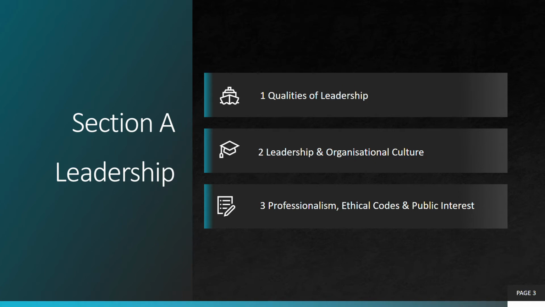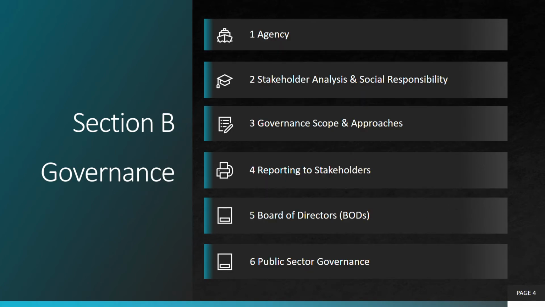Next, section B, governance. Without strong governance, a business will fail, right? Under this, we are going to cover 6 topics. First is agency, the principal-agent relationship, the issues with that, the problems and how to solve it. Second, stakeholder analysis and social responsibility. In stakeholder analysis, we have to analyze who our stakeholders are.